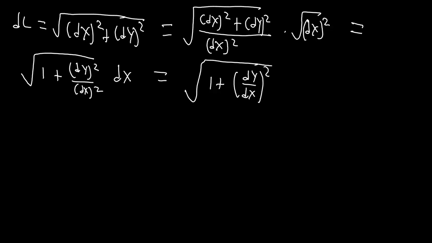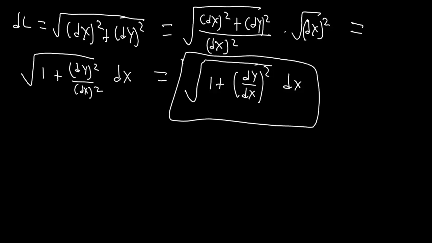As you can see here, this is just what was inside the integral for the arc length formula. And basically, we're going to be adding this value up, in order to get the sum of those very small magnitudes that dx and dy create.